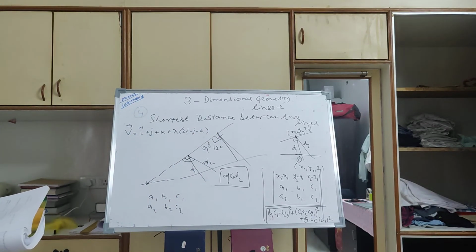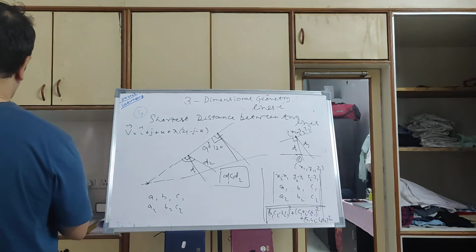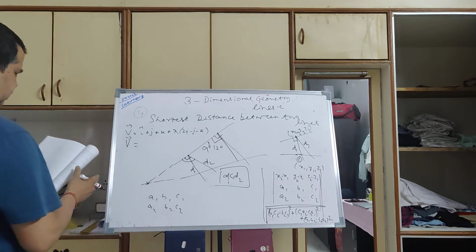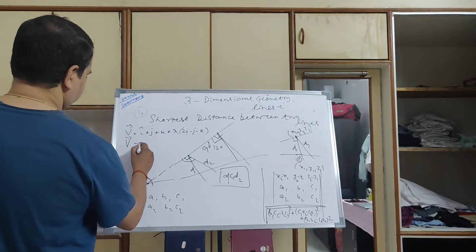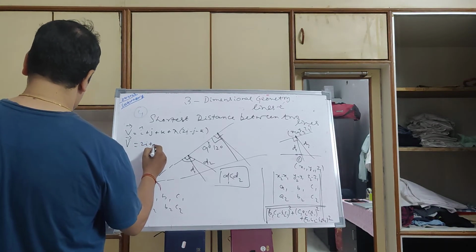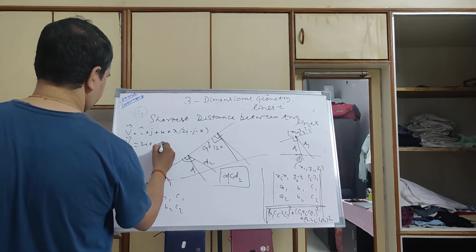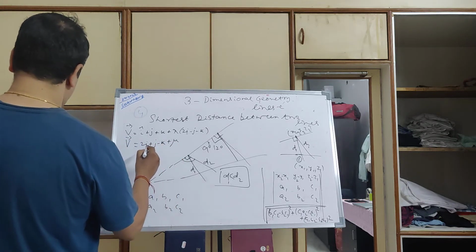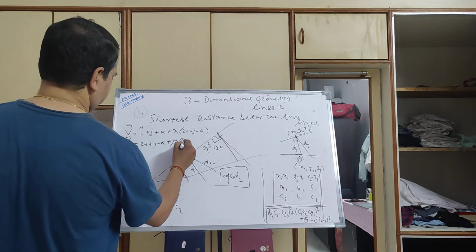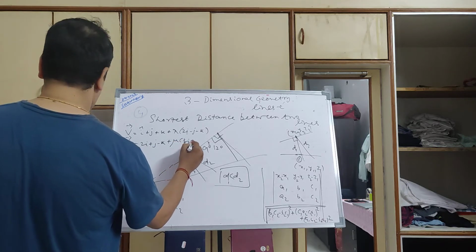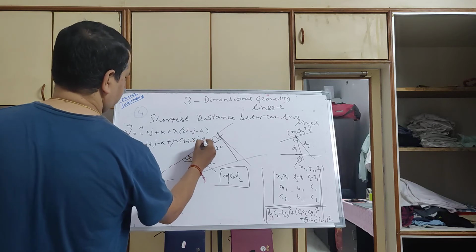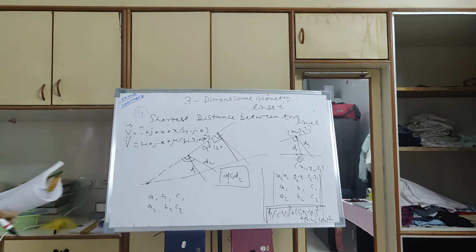This is one vector. Then this is another vector equation of another line: 2i plus j minus k plus nu into (3i minus 5j plus 2k). So you want to find the minimum distance.